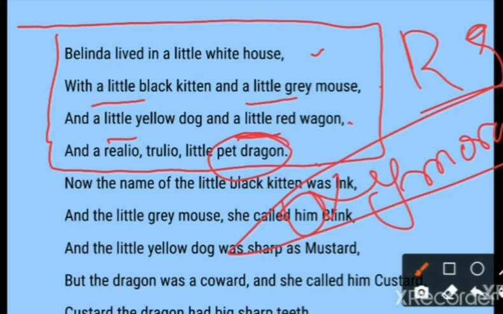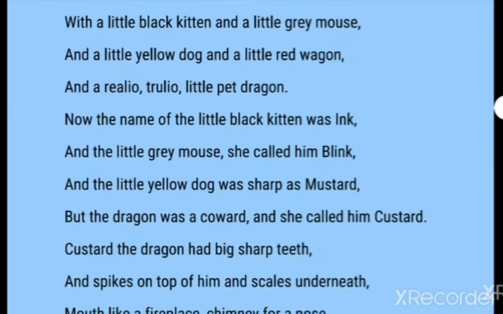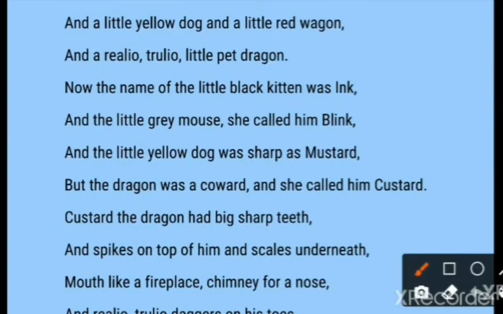And then we have another technique used here, that is relio trulio little pet dragon. This is another technique where the poet crafts and changes words so that there is some rhyme, some musical effect in the poem.